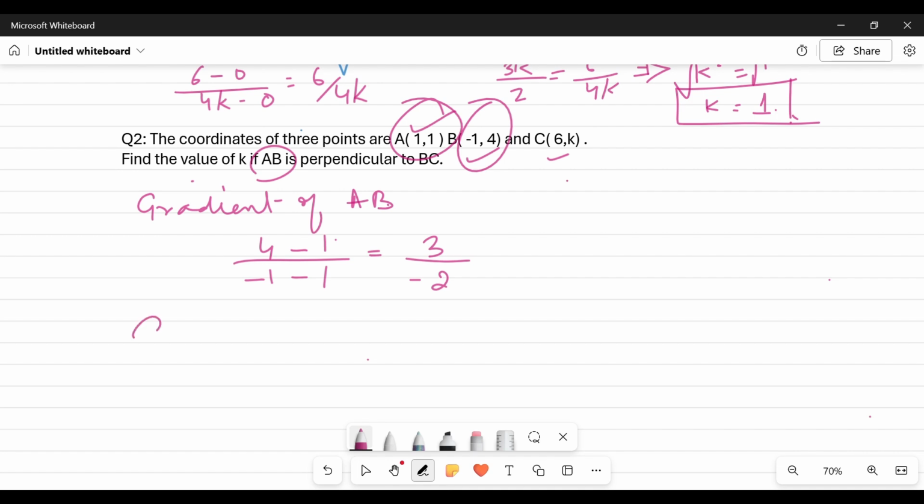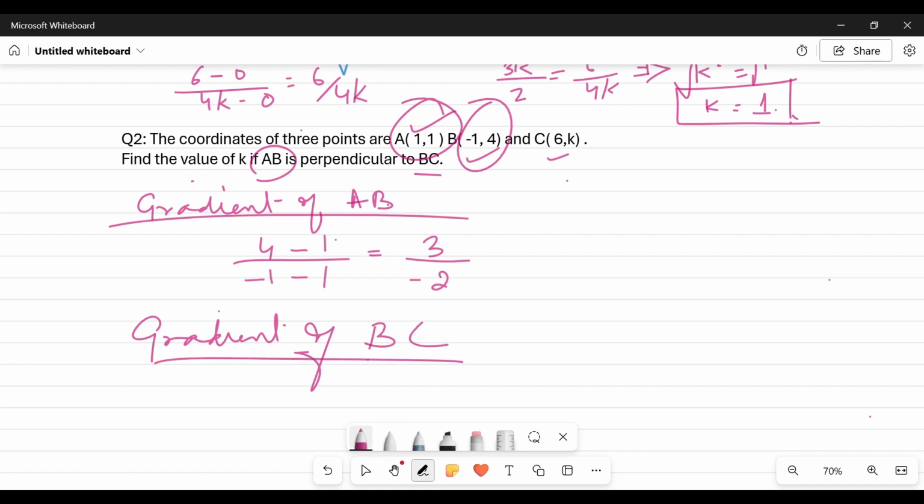Now what is the gradient of BC? You need to take the opposite of 3 over negative 2. The negative sign turns into positive and 3 over 2 becomes 2 over 3. This is the gradient of BC, since it's perpendicular. Now, how are you going to find the value of k?